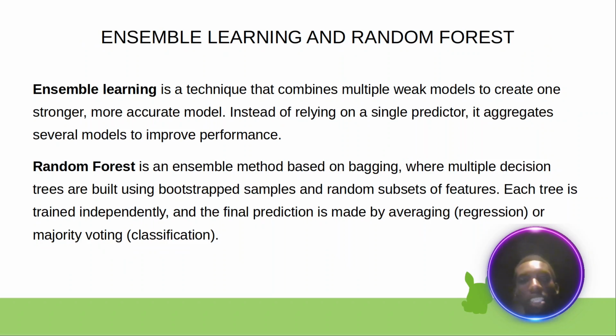Next, we have ensemble learning. I'm going to try to increase my speed a bit. Ensemble learning is where we combine weaker models to get an accurate strong model. A weaker model might be good at just saying, for example, whether a value is between 0 and 0.5 or between 0.5 and 1.